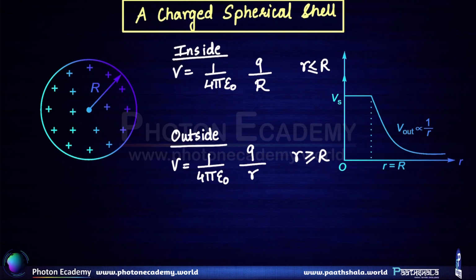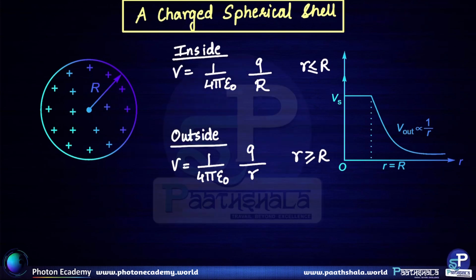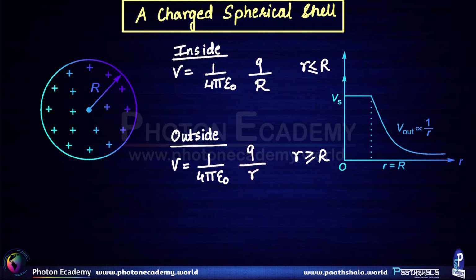For a charged spherical shell, V infinity again is assumed to be 0. So V inside is going to be equal to 1/(4πε₀) q/R. Now capital R happens to be the radius of this charged spherical shell, and outside V happens to be 1/(4πε₀) q/r, where r is greater than or equal to R. And for r less than or equal to R, we have V = 1/(4πε₀) q/R.